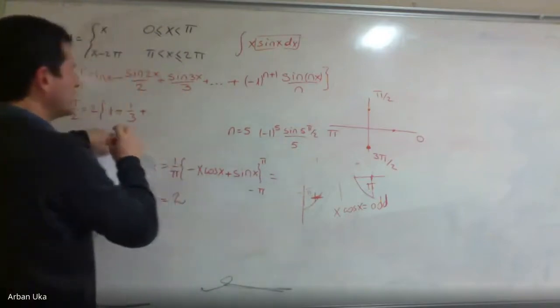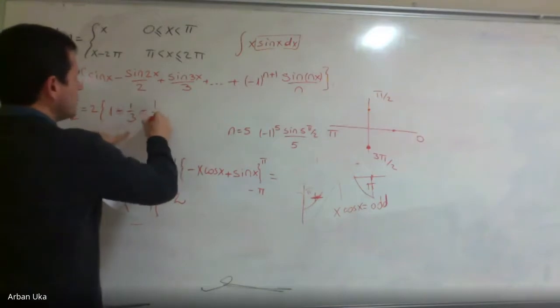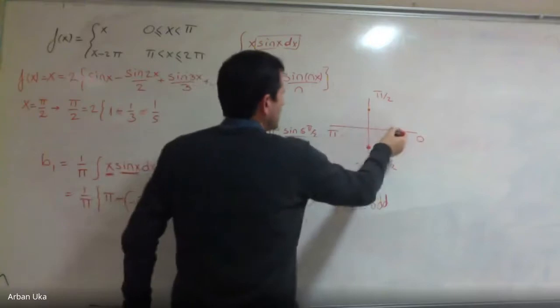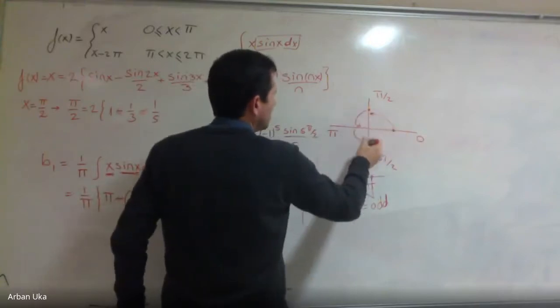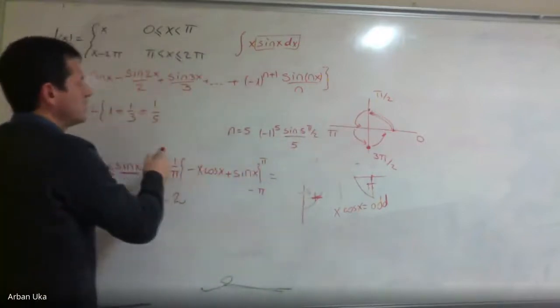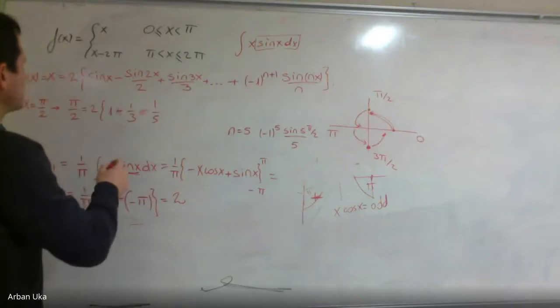And here this is going to be minus 1 over 5, I hope we don't make a mistake. And sine of 5 pi over 2, we get 1, 2, 3, 4, 5, we get pi over 2 again. So it's 1. Okay, so this is the next term.